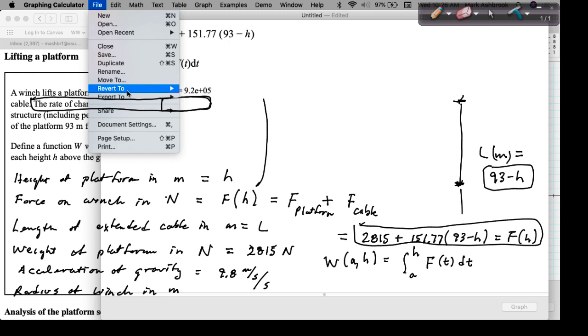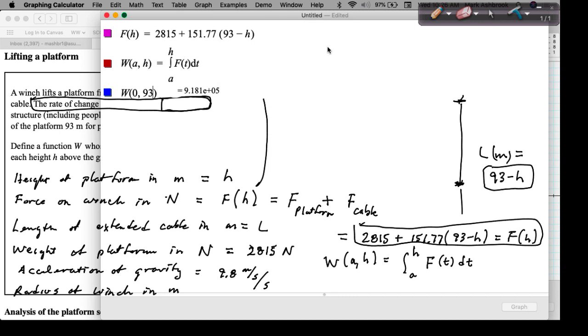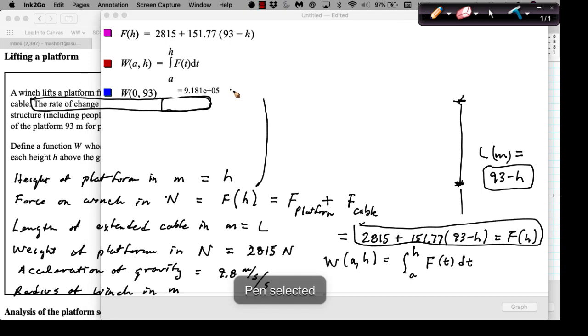So Newton meters are kind of, let's see, is that 91,810 joules?